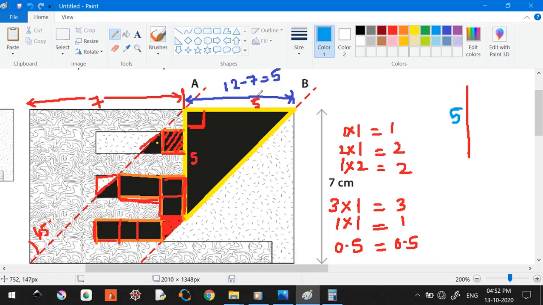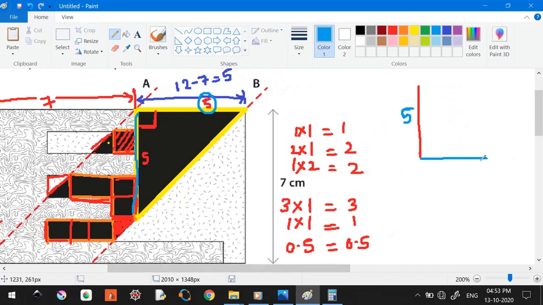The 5 is this one I have written here, and I'm going to draw this one here, which is also 5. This longer side I will draw here, which we don't know and don't need.